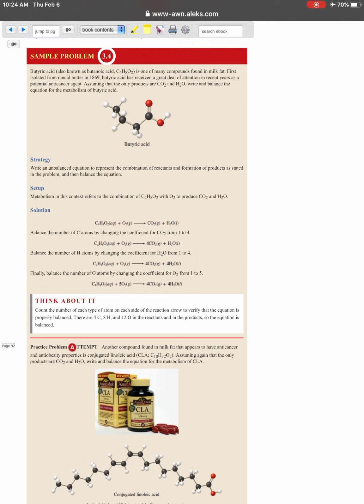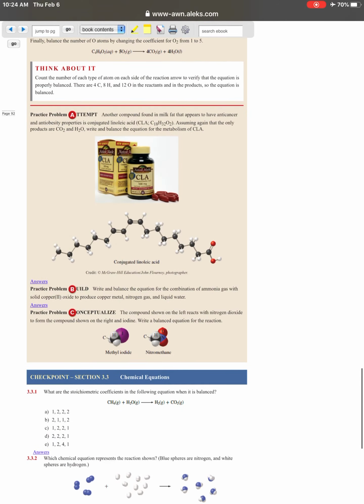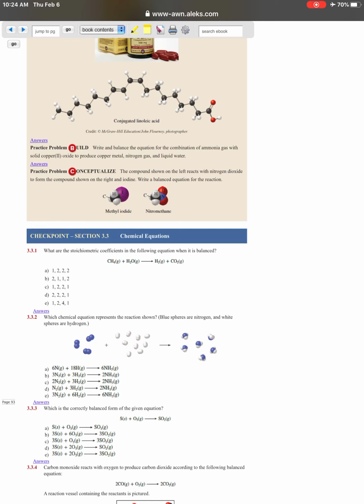Because when we metabolize things, often the final product is carbon dioxide and water reacting with oxygen. So that's the same equation as combustion. So when you go through this one, you're going to go through a combustion problem. Okay? C something, H something, O something plus O2 gives you CO2 and H2O.